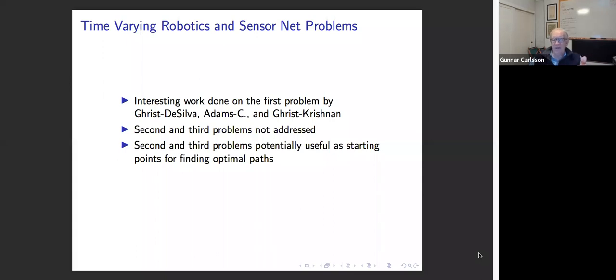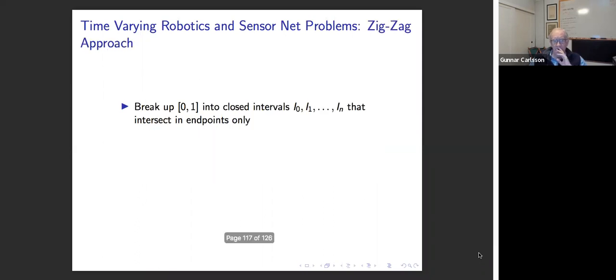The sections of that uncovered region would be called evasion paths. The second and third problems would be potentially useful as a starting point for finding optimal such sections under some notion of optimality. This is joint work with Ben Filipenko and Wyatt Mackey.